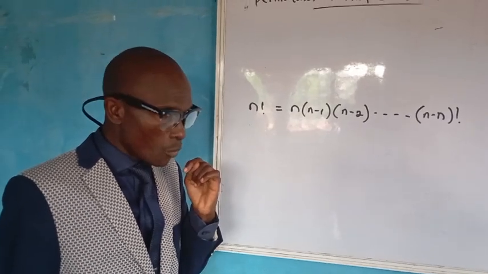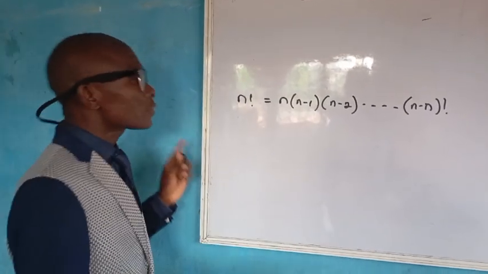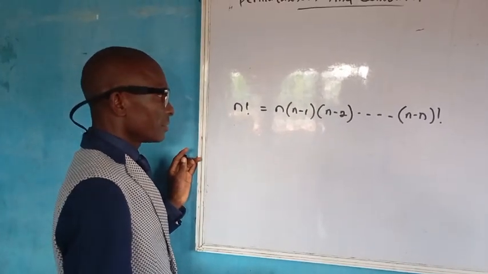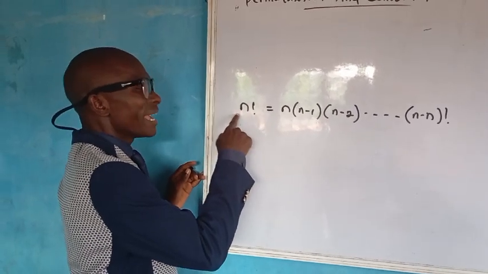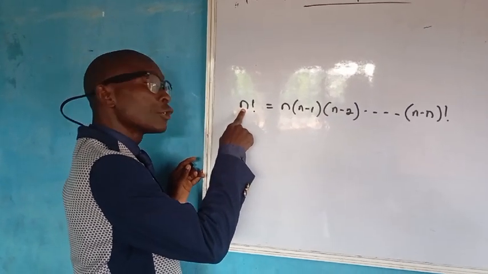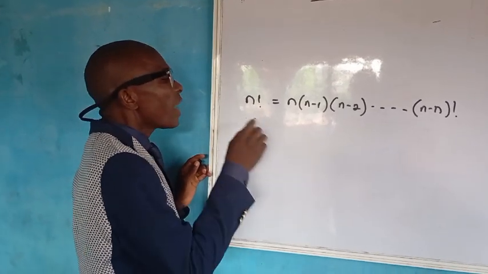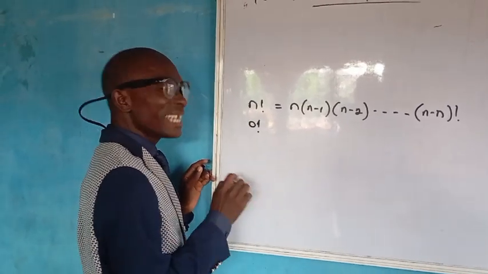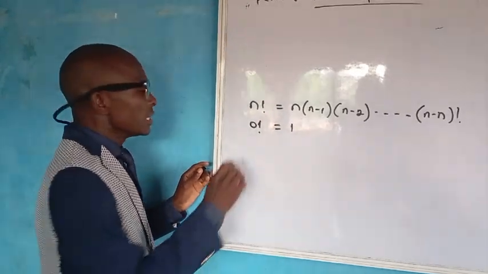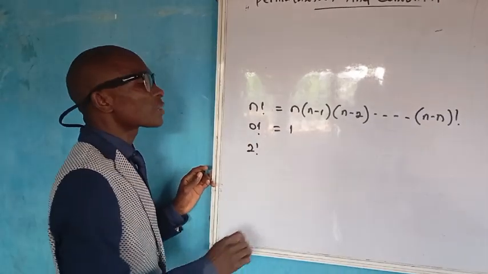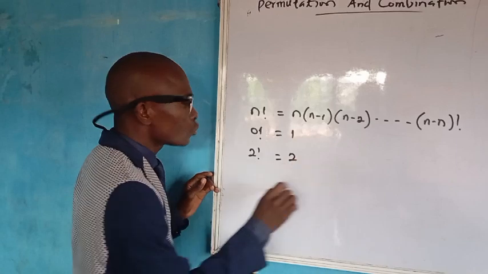For example, in this n factorial, n can stand as a number. Now, 0 factorial is the same as 1. 2 factorial is the same as 2.